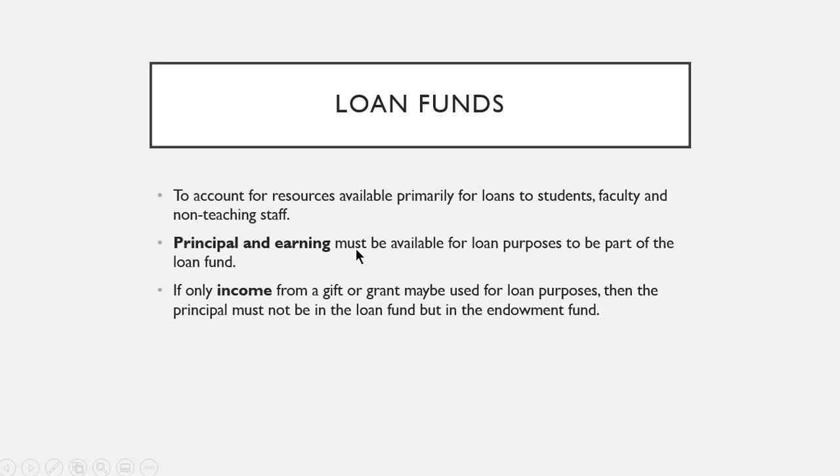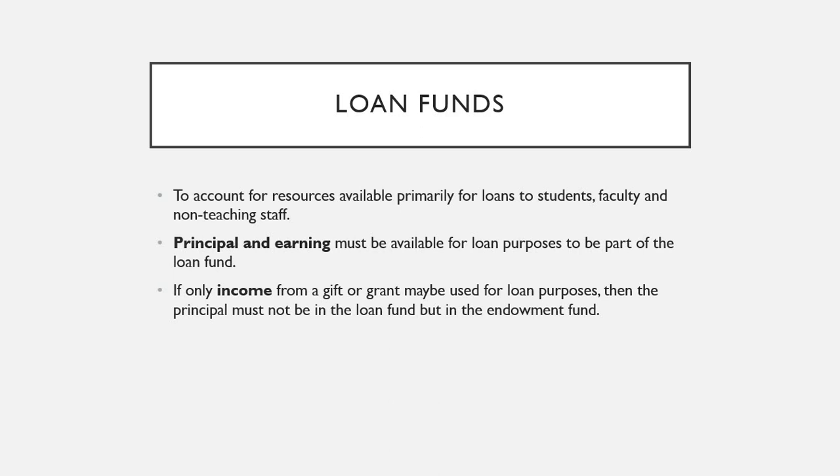Principal and earnings or income of the principal must be available for loan purposes to be part of the loan fund. So, magiging part lang daw ng loan fund yung isang contribution kapag lahat-lahat, the principal including the interest of the principal is set aside for loan as loan funds. No?